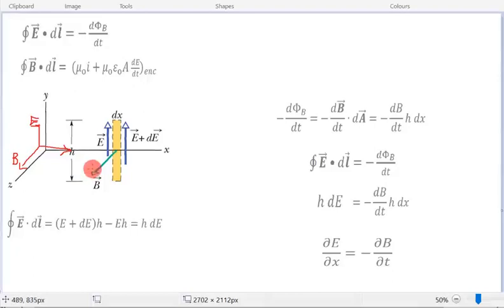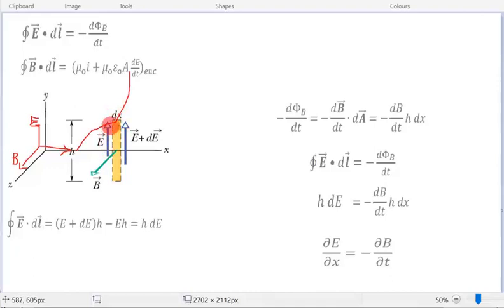Okay. So we assume an electric field varying with distance. Let's draw something like this, a curve that is varying with distance. I mean, any curve at all. Then we take a closed loop, and say that the x direction is so small, so we have dx.